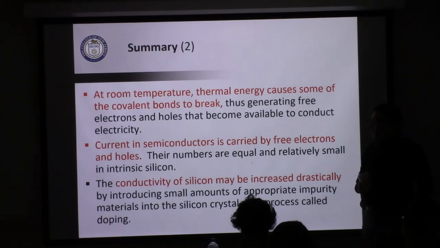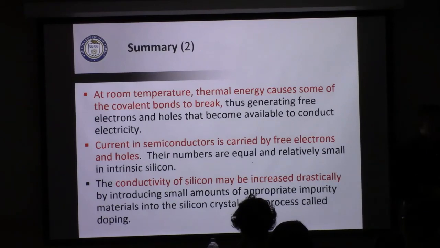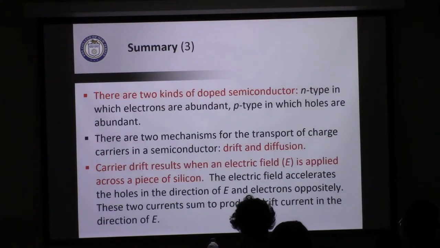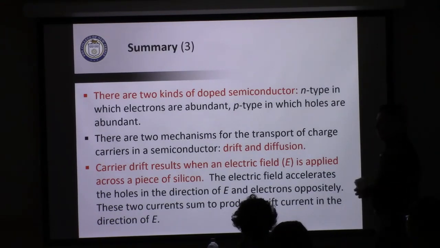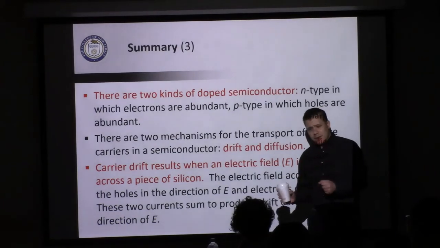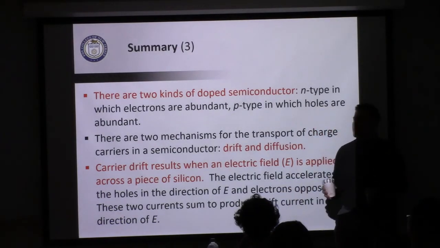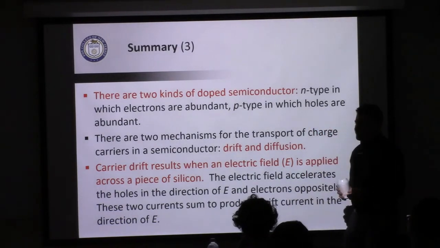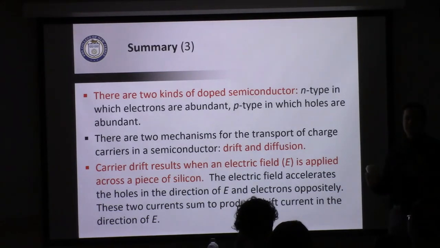What we can do is add a doping agent, an impurity, in order to increase the conductivity. We either put in an impurity that has 1 more, so 5 valence electrons, or 1 less, 3 valence electrons, in silicon, and that provides some additional charge carriers for current conduction.